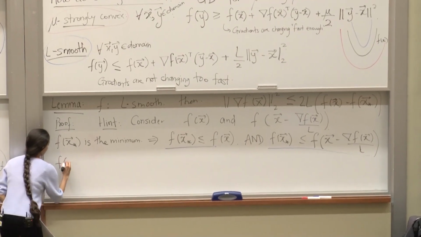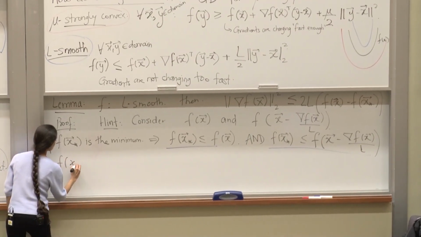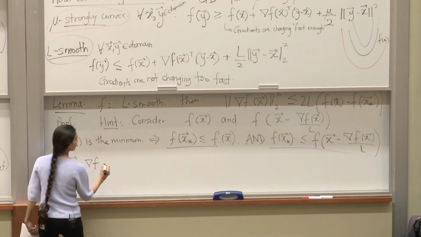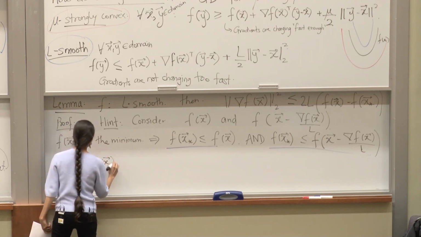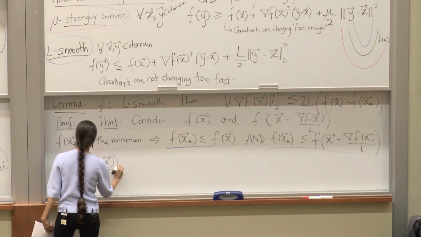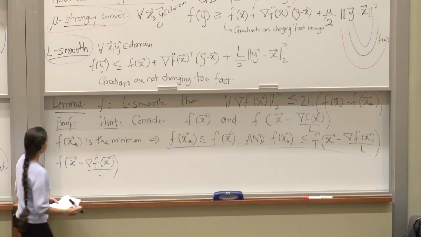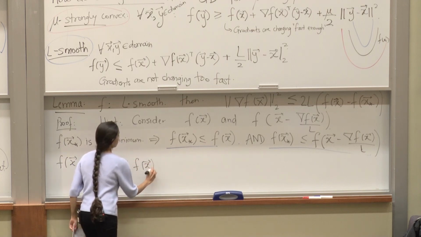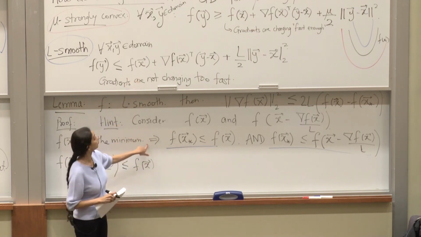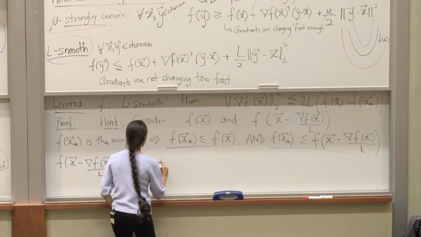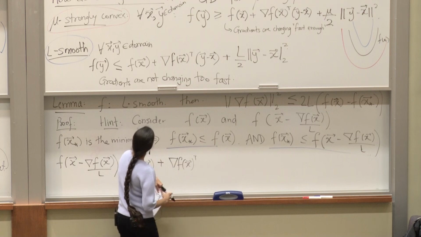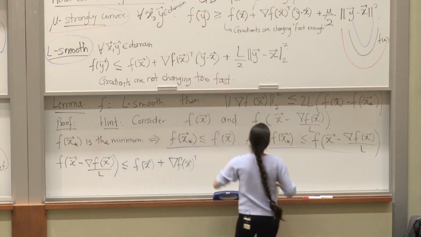I'm going to write f of x minus the gradient of f of x divided by L is less than or equal to f of x, just copying this term, plus the gradient of f at x times y minus x.